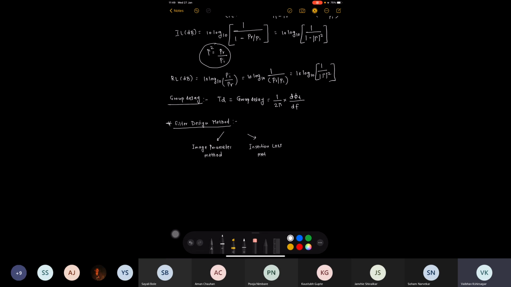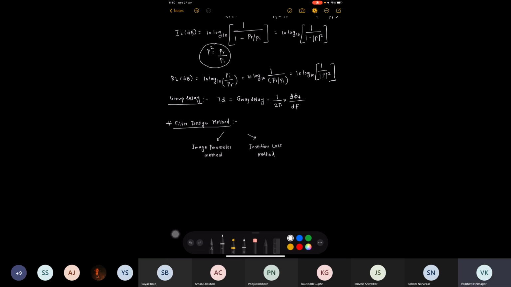In our syllabus, we are going to design the RF or microwave filter using both of these techniques. We will also investigate how these two filter design techniques are different from each other. So let us go one by one. What is the meaning of the image parameter technique and what is the meaning of the insertion loss technique?